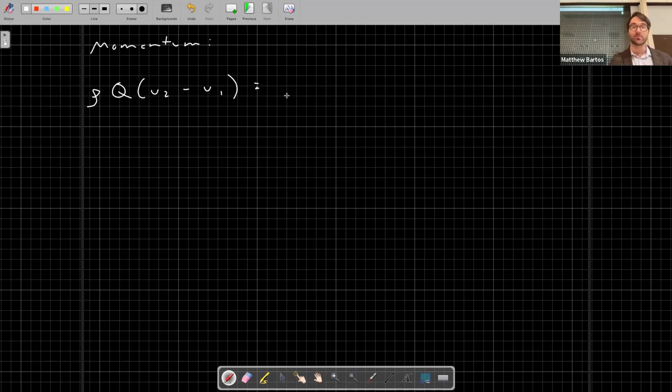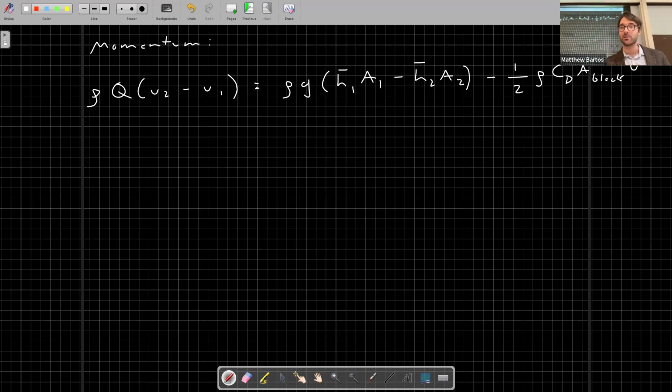This is equal to rho times g times our hydrostatic components, h-bar 1 times A1 minus h-bar 2 times A2. So this part is just our original momentum balance without the block. Then to this, we subtract that reaction force due to the block. So that's going to be 1/2 rho times CD times A block times U1 squared.